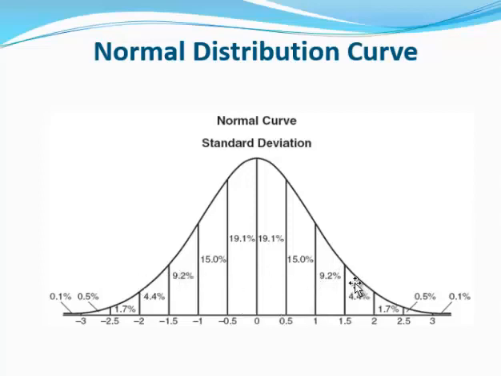Now, in this chart, we could simply count it. We could say, well, it's 50% less than 0, by definition, plus 19.1 plus 15, which gets us 84.1. So under one standard deviation would be 84.1% of the entire graph, because 50 plus 19.1 is 69.1, plus 15 is 84.1.